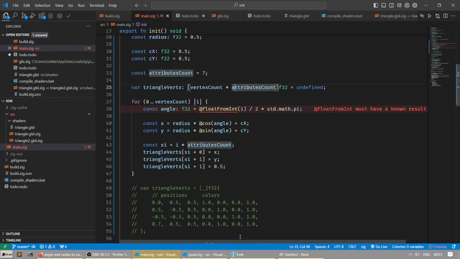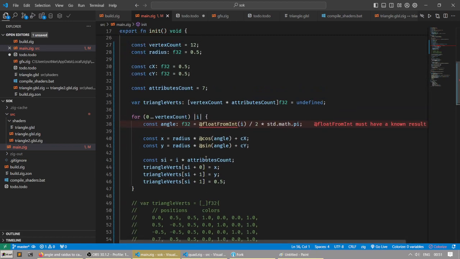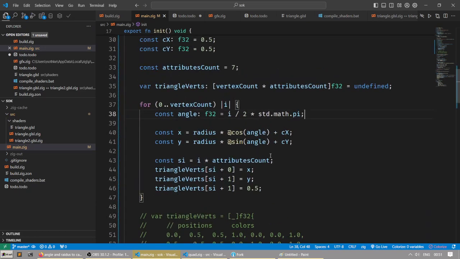Okay, so what does it say? Float from int must have a known result type. Yeah, so you can't just divide, you have to as it as well. I think that this is not going to work, right? Let's try to compile and let's see what happens. Because Zig likes to be very explicit about converting your values.